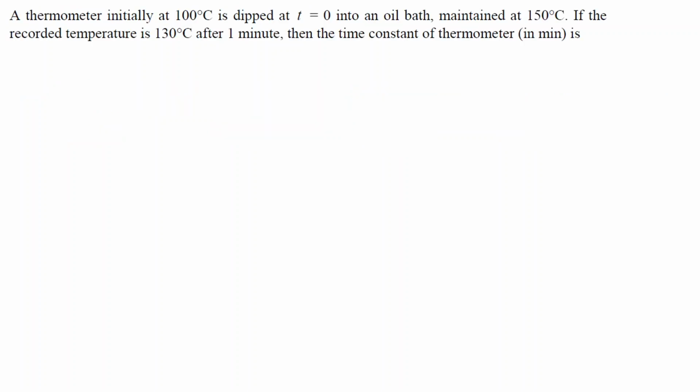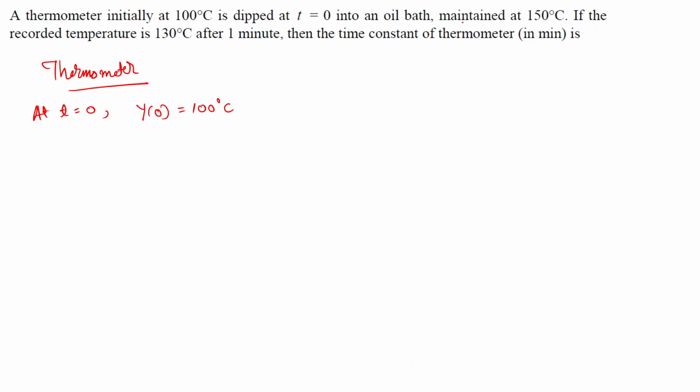So in this given question, we have been given a thermometer, and at time t equal to 0, the temperature being shown or recorded by the thermometer is 100 degrees Celsius. So we can write it as y of 0 is equal to 100 degrees Celsius.